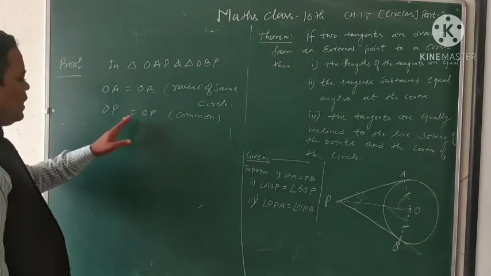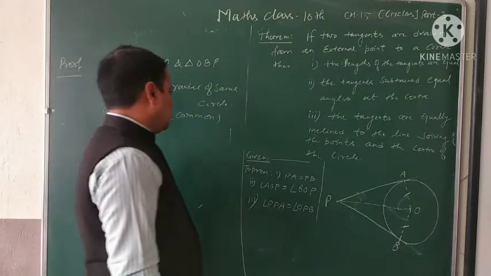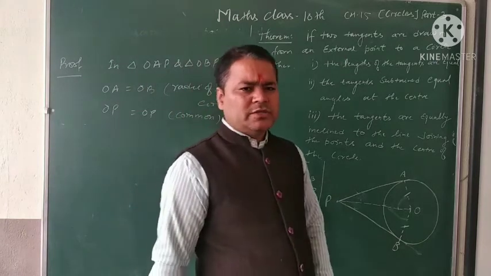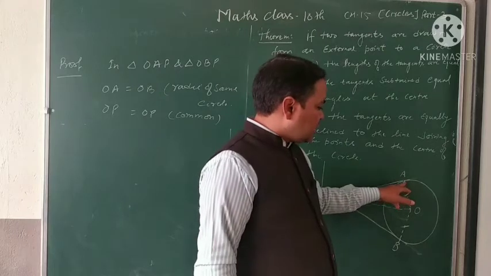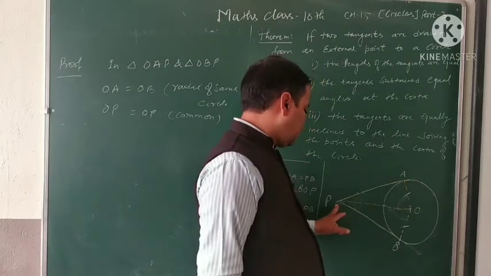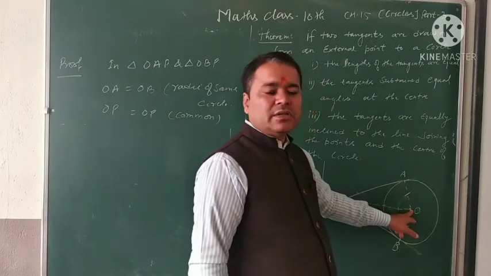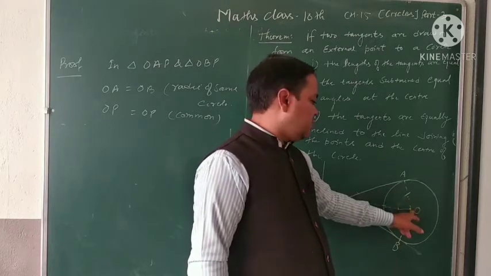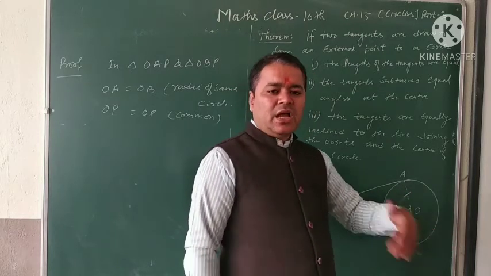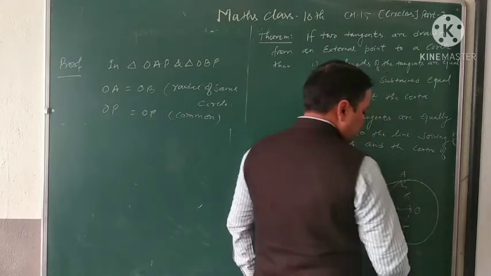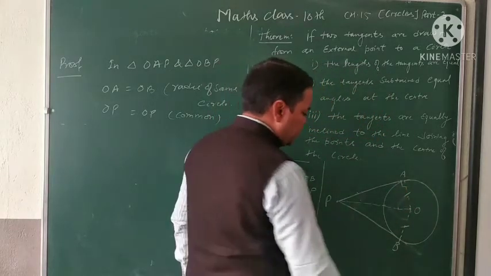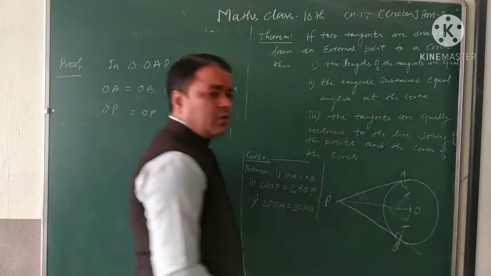So here OP and OP are common. Now the third one: we know that the distance between the point of contact of a tangent and the center of the circle is always the shortest distance, and the shortest distance is always perpendicular. It means this is 90 degrees. Similarly, here this angle is also 90.